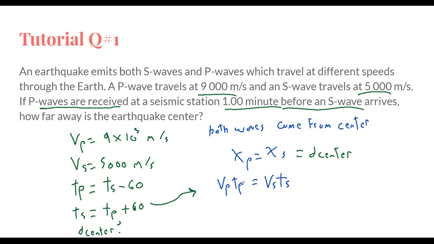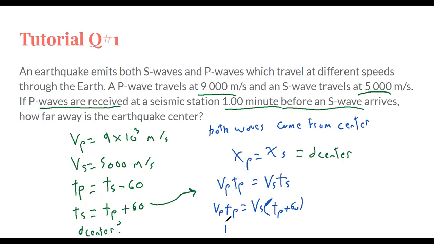If we do that, I'm not going to plug in the numbers yet. I like to do as much algebra as I can before plugging in numbers. We can say that the time for the S wave is just 60 seconds more than the P wave. We're going to do some quick algebra. Again, we know the speeds. We don't know the time yet, but we can solve for that.